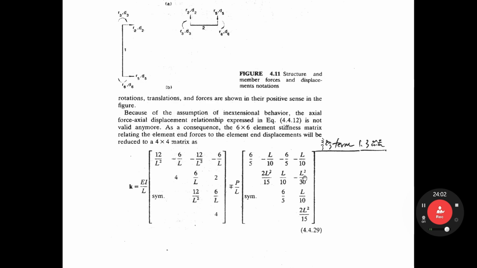In this stiffness matrix, we ignore the shortening due to axial force. We consider axial force, but we ignore the shortening. For simplicity, we can ignore the shortening due to axial force to get Pcr. It does not influence Pcr.